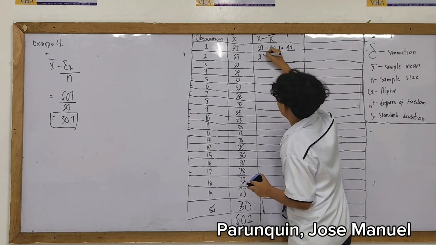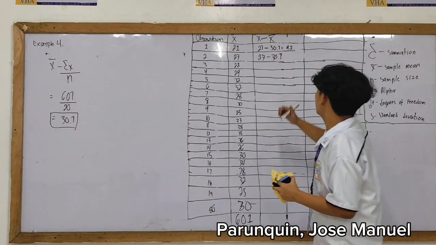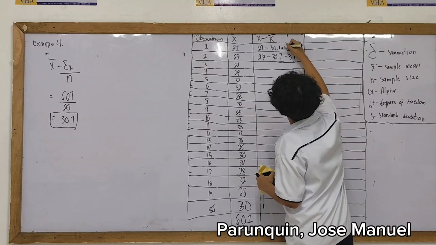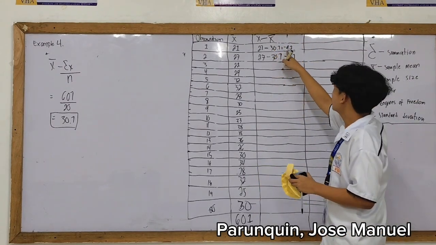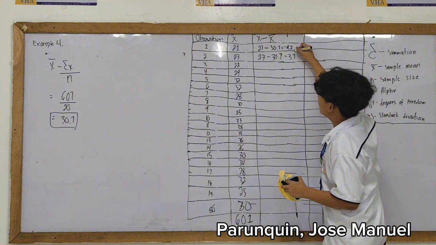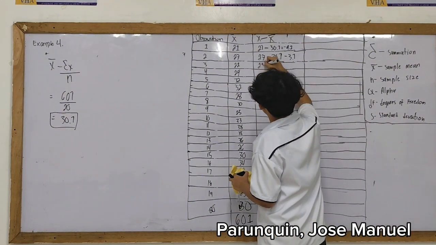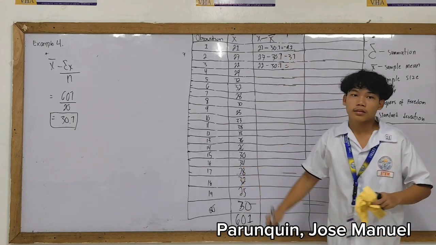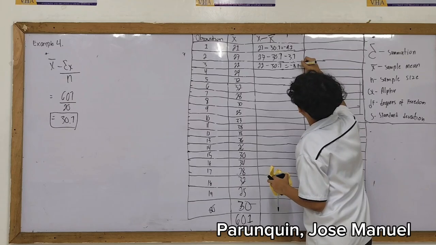Next is 27 minus 30.1. Correction to the table: 21 minus 30.1 is negative 9.1. So the next is 22 minus 30.1. It will become negative 8.1.